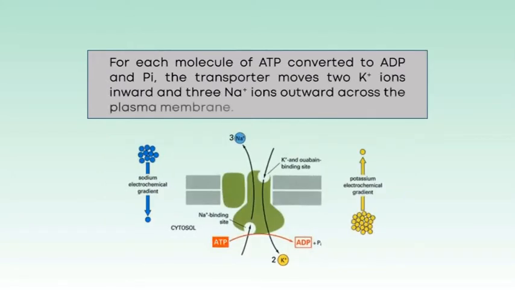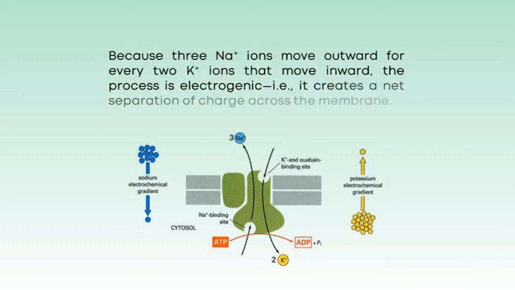For each molecule of ATP converted to ADP and inorganic phosphate, the transporter moves 2 potassium ions inward and 3 sodium ions outward across the plasma membrane. Because 3 sodium ions move outward for every 2 potassium ions that move inward, the process is electrogenic. That is, it creates a net separation of charge across the membrane.